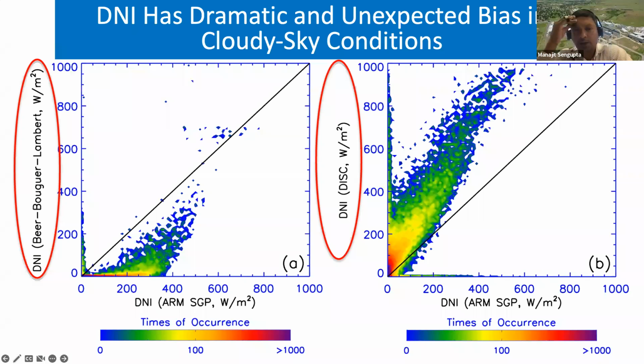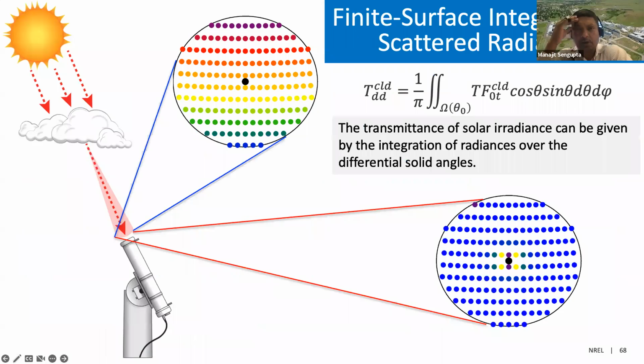Next slide, please. So what we did was we built a new model, which essentially computes the direct beam over an area which surrounds the solar disk, and then integrates it to get the estimate of the DNI in different cloudy situations.